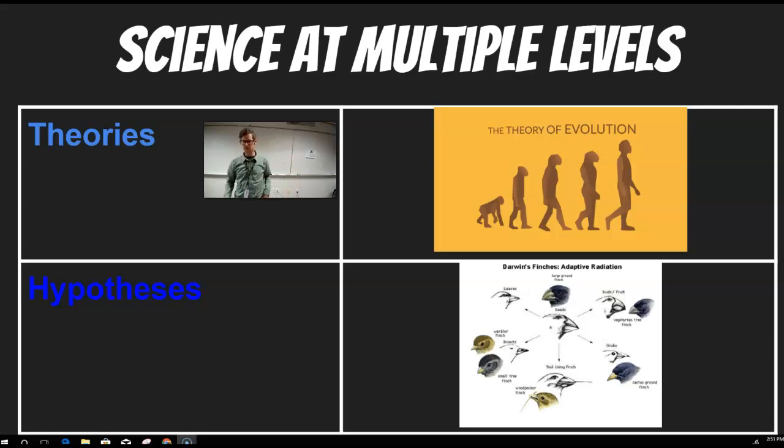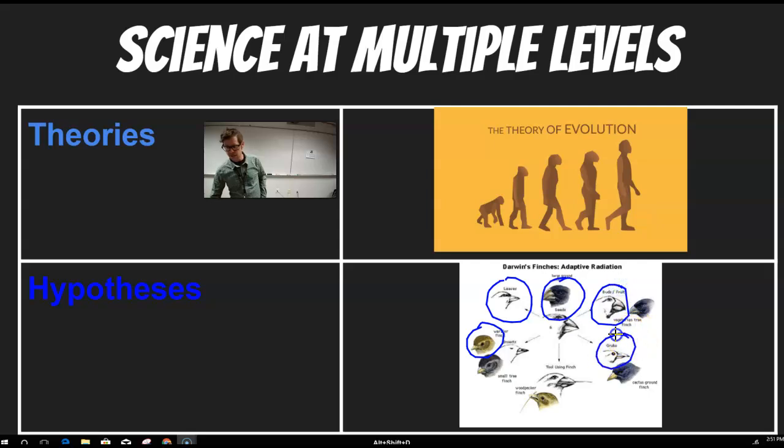And one of the most famous ones was when Darwin went to the Galapagos Islands, and he looked at all of these different finches, right? So these are all just different birds, finches, that eat different kinds of seeds different ways. And he was looking at the difference in their beaks, and he hypothesized that the difference in the beaks was an adaptation to the different kinds of food available there.